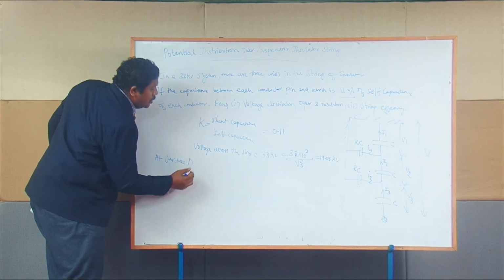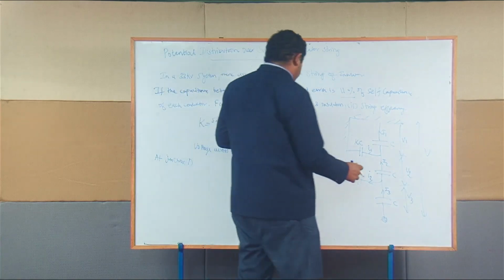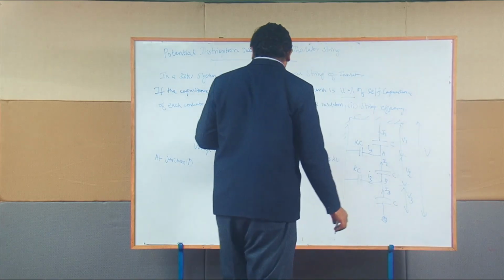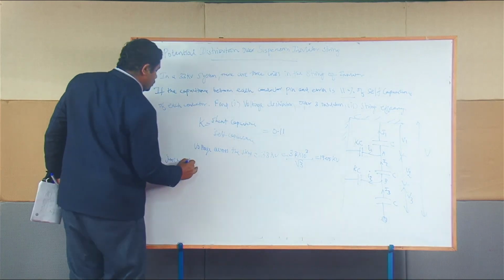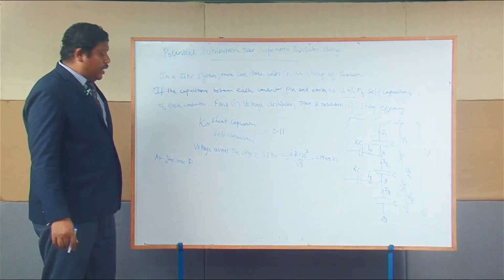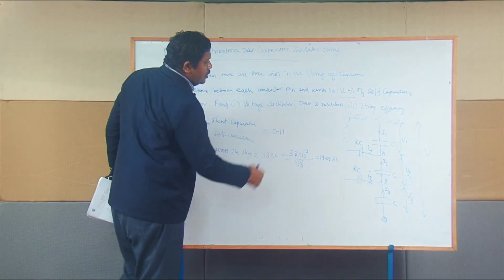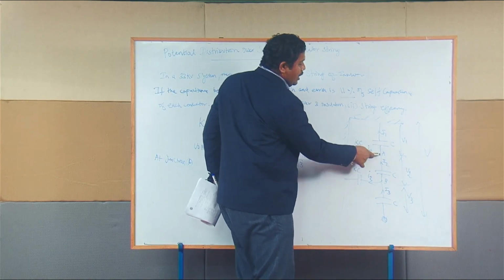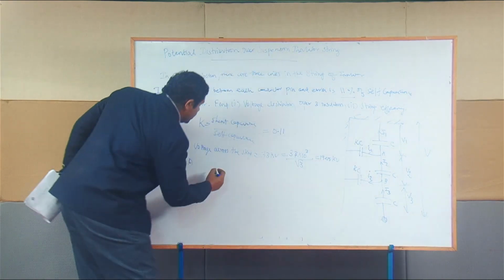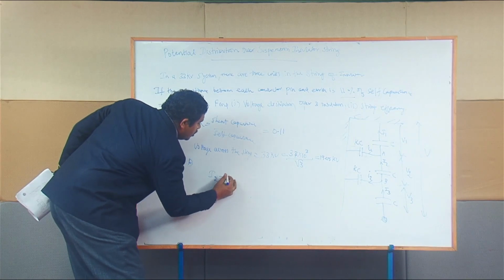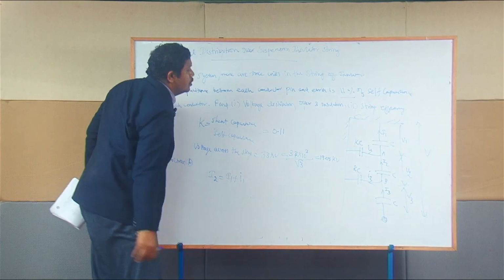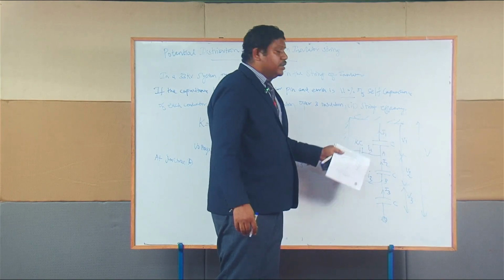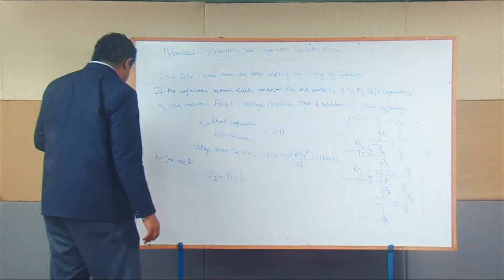You can take junction 1 and 2, or just name it as A and B. At junction A, you have to apply your KCL. So I2 is the incoming current. Capital I2 is equal to capital I1 plus small I1.